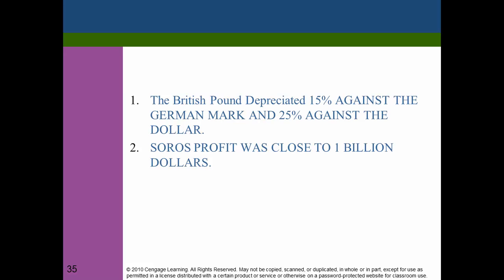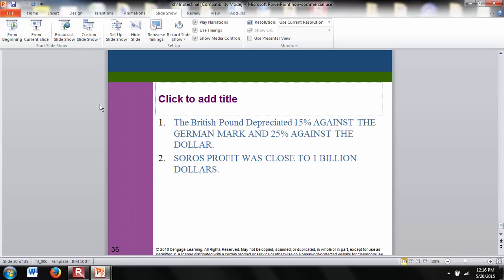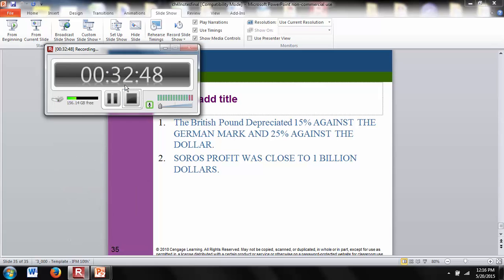Citicorp, I think, lost $400 million. JP Morgan, I believe, made $500 million. So again, these are some examples of what can happen to currencies, how it can affect the exchange rates, and how sometimes people bet and make a huge amount in the currency market.